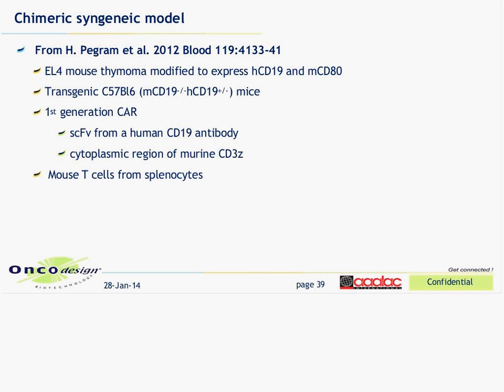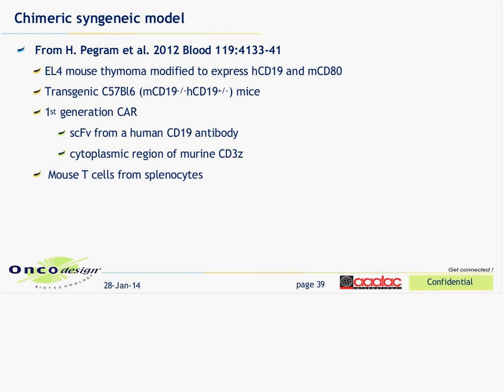human CD19, and the tested therapy is first generation CAR T cells where the scFv is against human CD19, and the cytoplasmic region is from murine CD3 zeta chain.